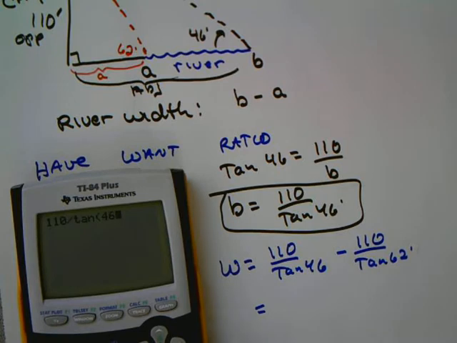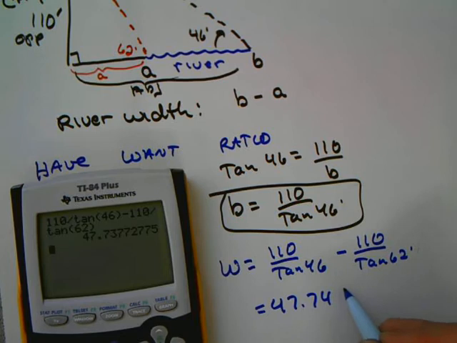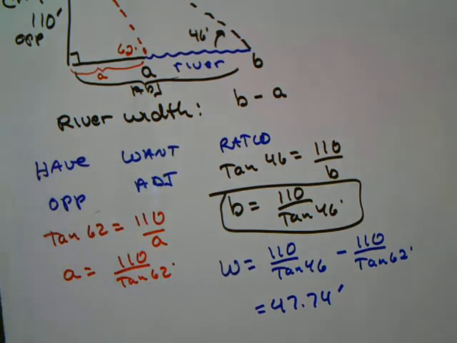I'll say 110 divided by the tangent of 46 degrees, close those parentheses, minus 110 divided by the tangent of 62 degrees. Now, your calculator knows order of operations, so it's going to divide before it subtracts. And right there, there's the width of the river, 47.74 feet.